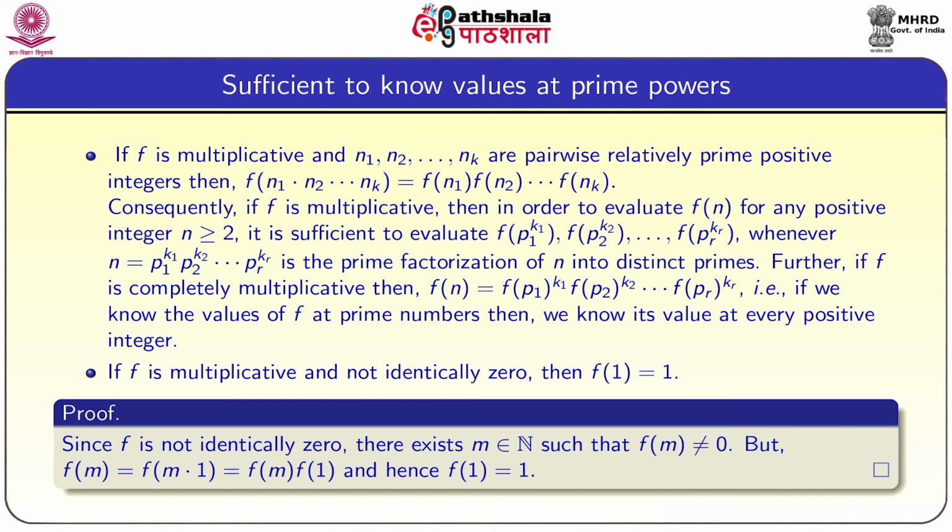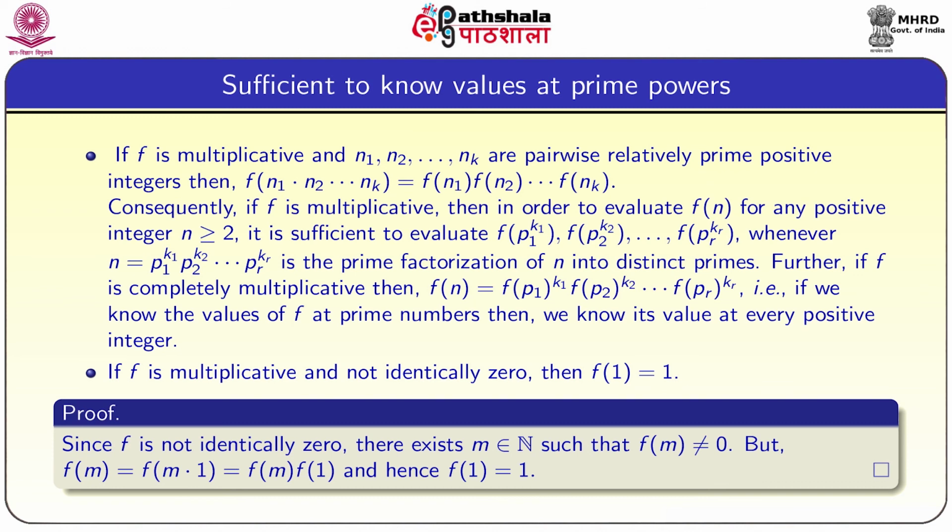So, consequently if f is multiplicative, then in order to evaluate f of n for any positive integer n, it is sufficient to evaluate f only at prime powers. That is, where n is equal to p1 power k1, p2 power k2 and so on pr power kr, the prime factorization of n, then f of n is the same as f of p1 power k1 into f of p2 power k2 and so on f of pr power kr.